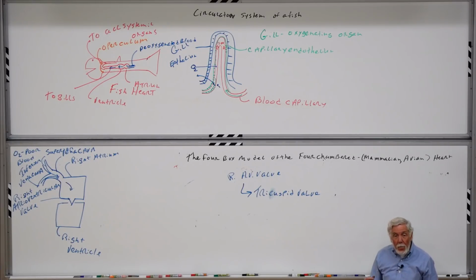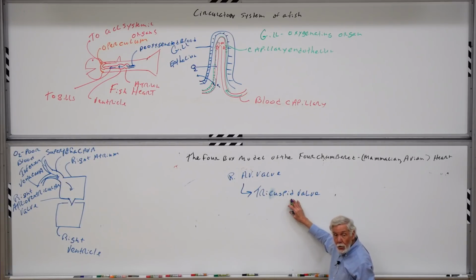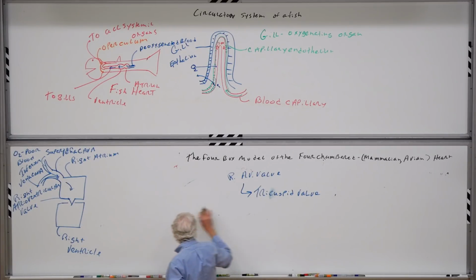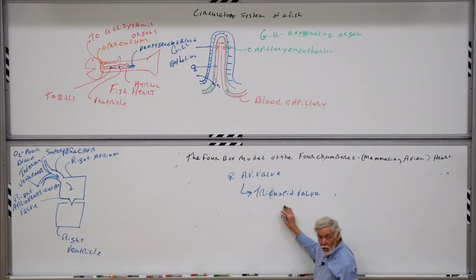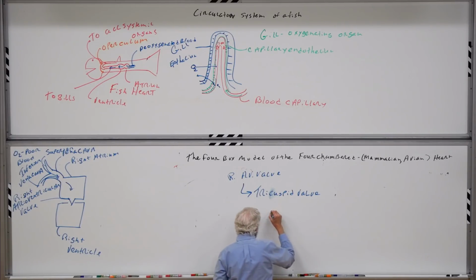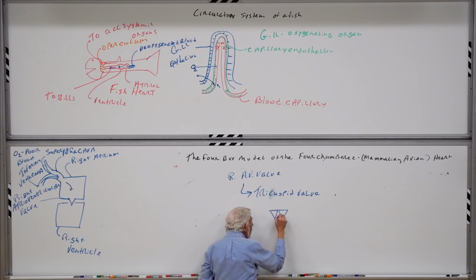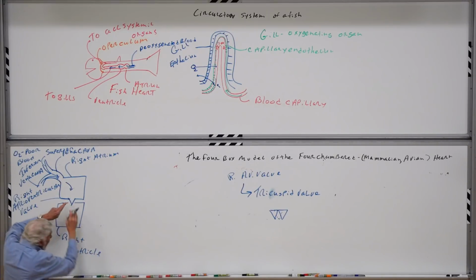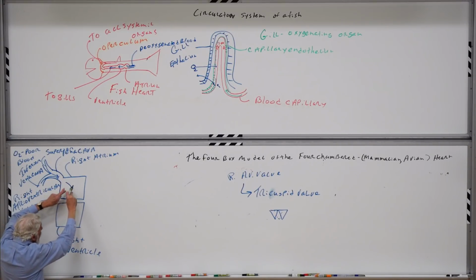And when they opened up hearts of human beings and looked at these valves between the right atrium and the right ventricle, they said there are 3 leaves to this valve, sort of organized this way, and then a third one coming out of the plane of the blackboard. So there were 3 leaves. You can imagine 3 separate doors in this doorway between the atrium and the ventricle.